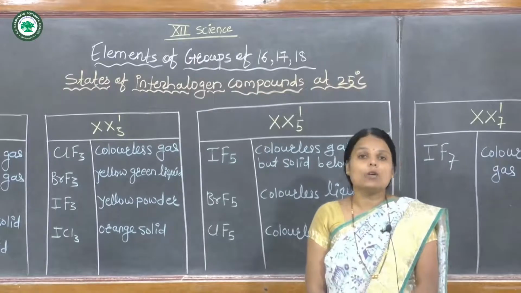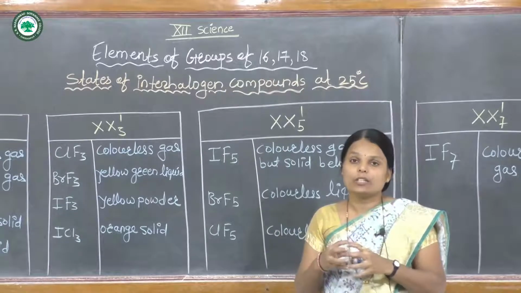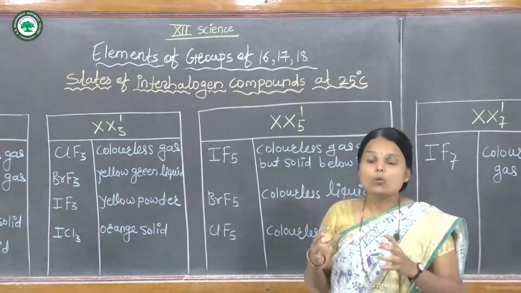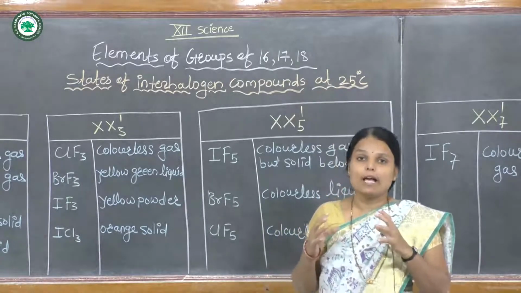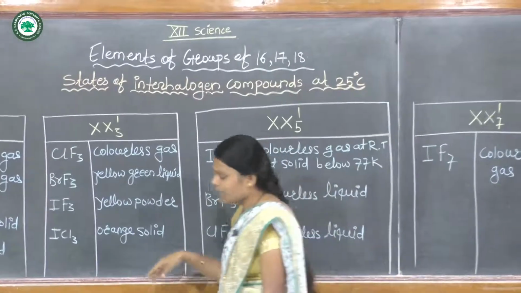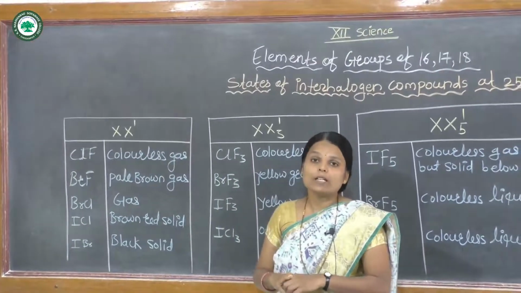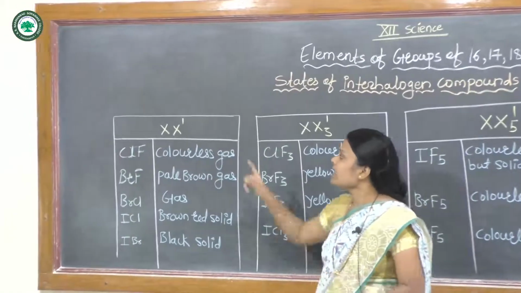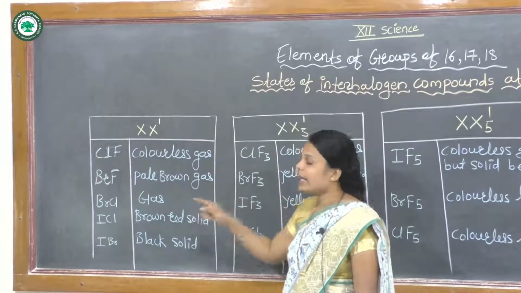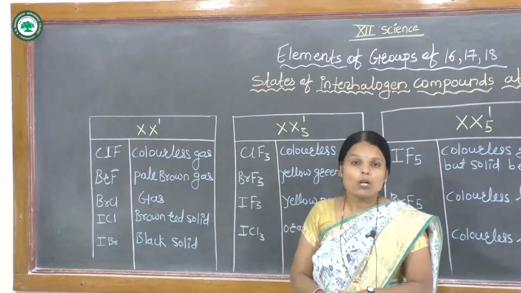We know that interhalogen compounds form when two or more halogen atoms combine with each other and form a new species, a neutral form of molecule. It's called an interhalogen compound. For example, XX'. Here X is a halogen that is more electropositive and larger in size. X' is more electronegative and smaller in size.